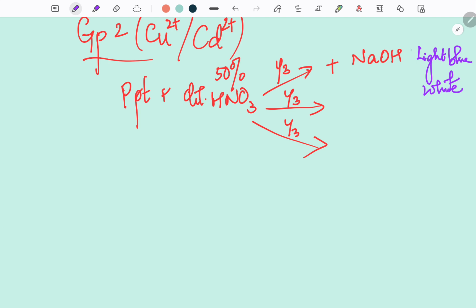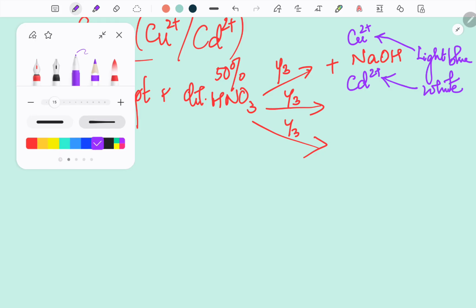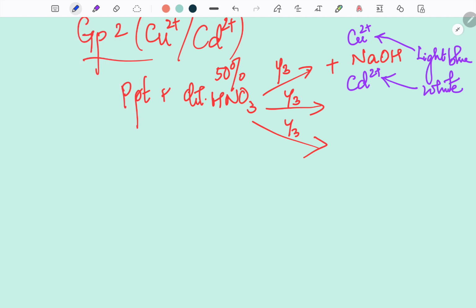The light blue PPT indicates that Cu2+ is the ion, and white PPT indicates that cadmium ion is the cation of your salt. Now, the light blue PPT that you get, if you add excess NaOH, you will see a deep blue coloration in excess. So, that is the first confirmatory test.